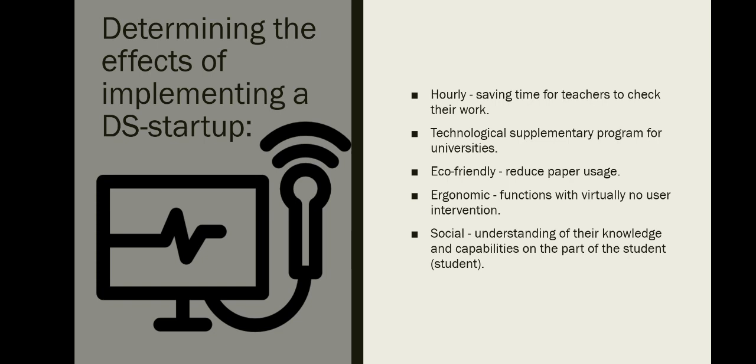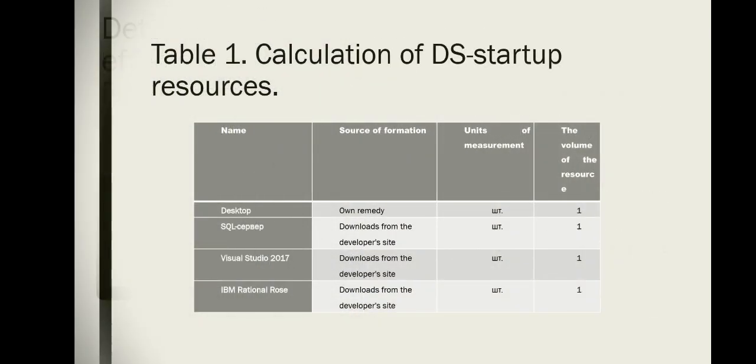The effects of implementing the DS startup: saving time for teachers to check work, a technological supplementary program for universities, eco-friendly reduced paper usage, ergonomic functions with virtually no user intervention, and social understanding of their knowledge and capabilities on the part of the student.